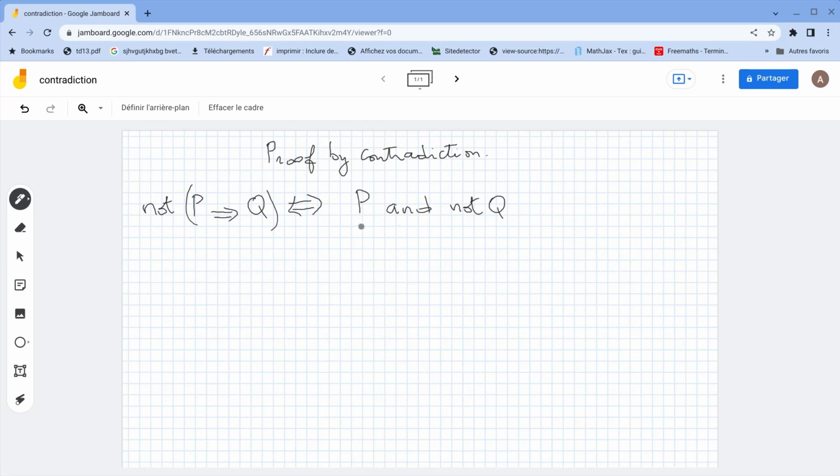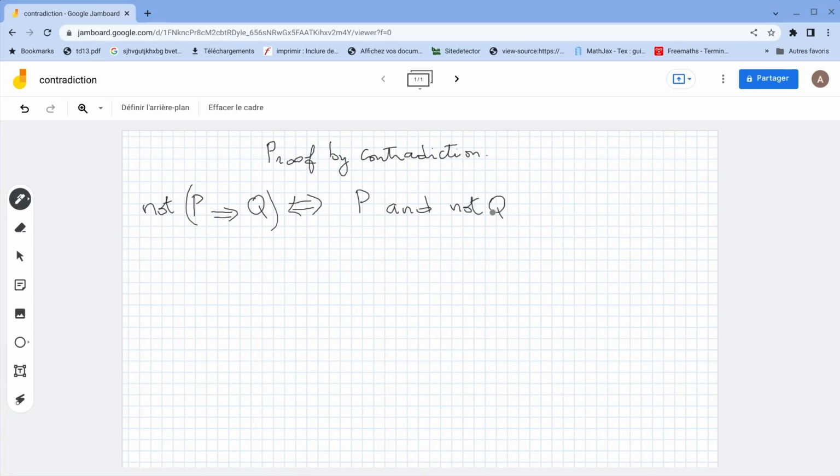What is the intuition of this negation? The intuition is that P implies Q means that P gives Q, but here we have P and not Q. That means that P doesn't give Q. This is the negation of the implication.